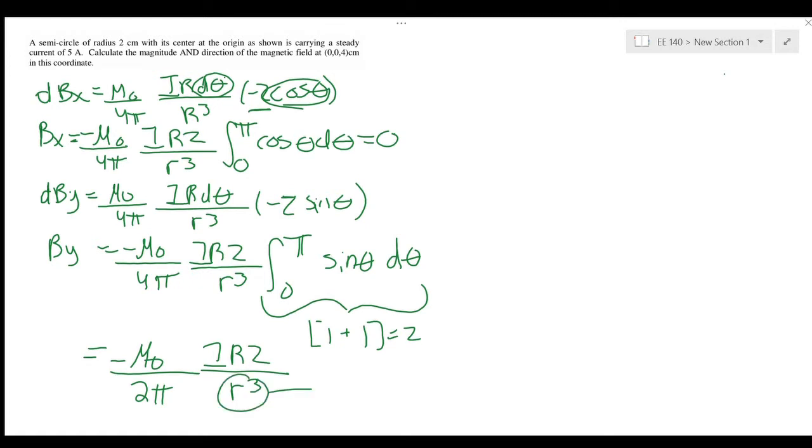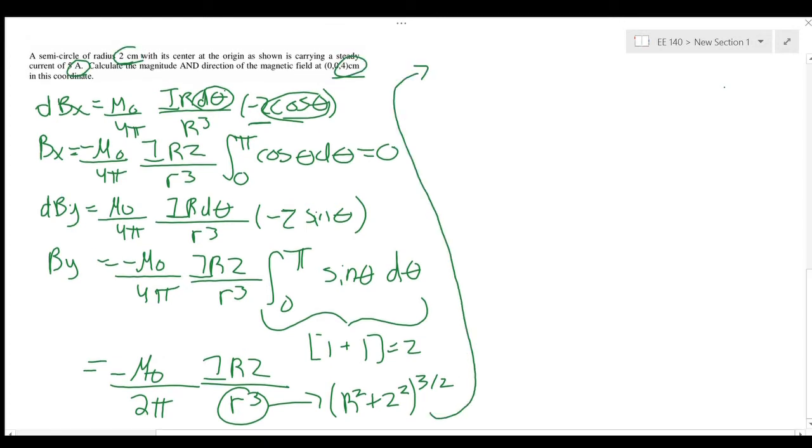R cubed is just equal to, since it's just the hypotenuse, r squared plus z squared to the power of 3 over 2. So we're plugging in the values of the current, the radius, and the coordinate on the z-axis.